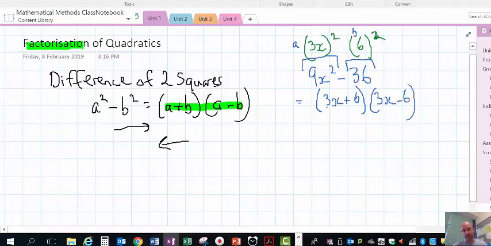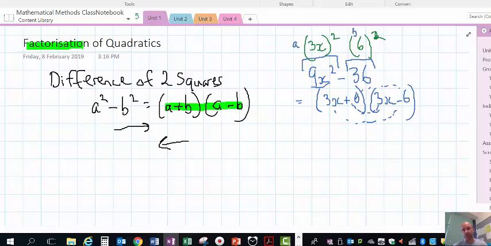You can always check it to see if you get the original expression, and 3x times 3x is 9x squared. Then we have 3x times negative 6 is negative 18x, and 3x times 6 is plus 18x, and we get minus 36. So that most certainly does work. So that's factorising in the pattern of difference of two squares.